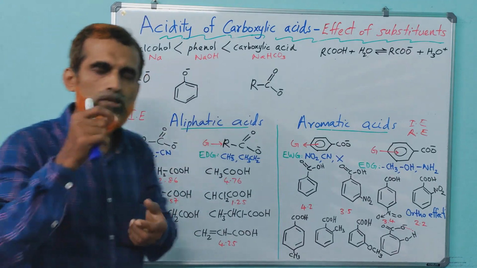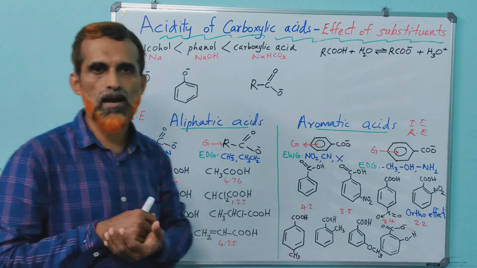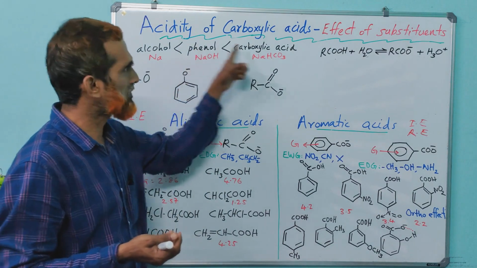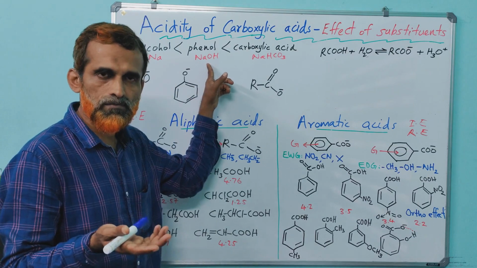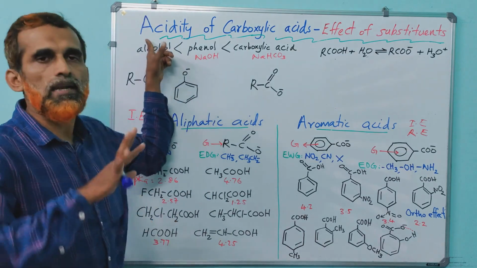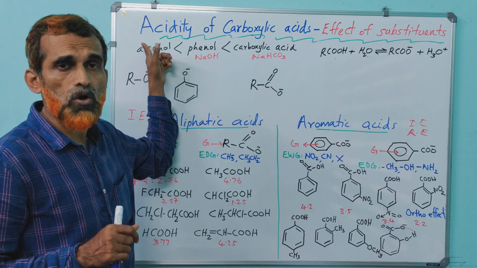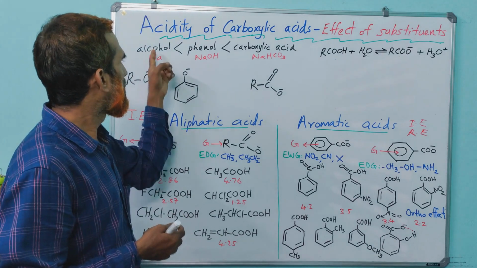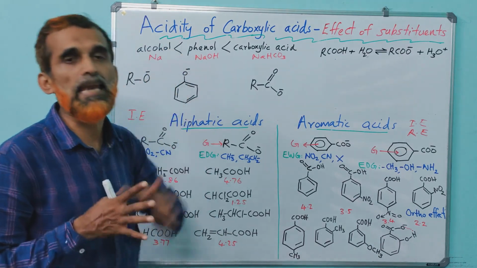If you put sodium into alcohol, it reacts, displacing hydrogen. And sodium equally reacts with phenol as well as carboxylic acid. If you use NaOH, alcohol doesn't react because alcohol is not so acidic to react with NaOH.